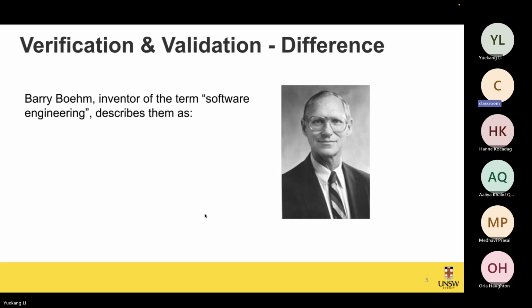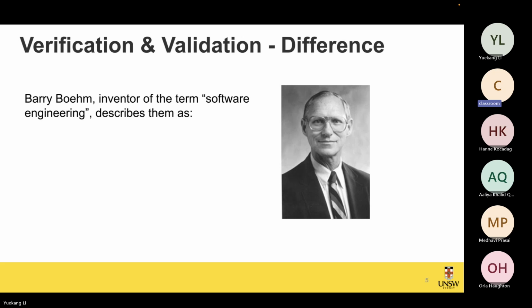Let's try to make it simpler. This guy is the person who invented the term software engineering. He didn't invent the whole field, but he is the inventor of the term. In early days, people didn't program software directly; they programmed hardware directly by plugging and unplugging circuits.